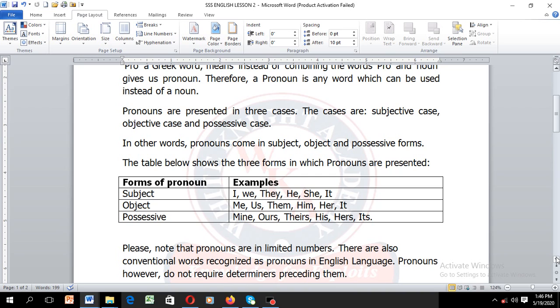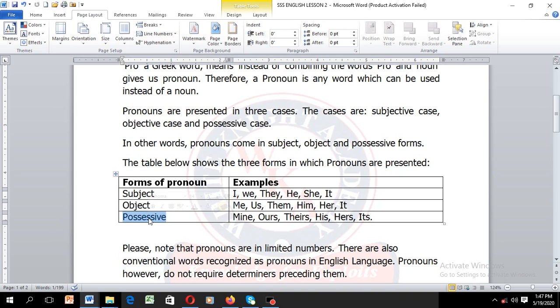Okay, let's look at the next one. Possessive forms of pronoun. By the word possessive here, you should be able to note that it means what belongs to you, what you have, what the other person has, what the group of other people are having, and so on.